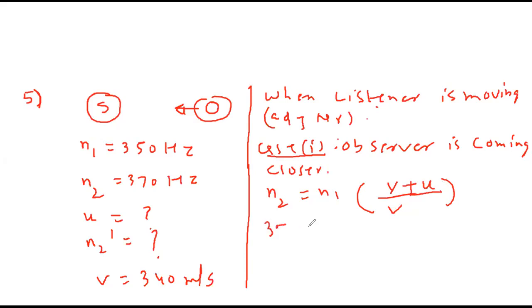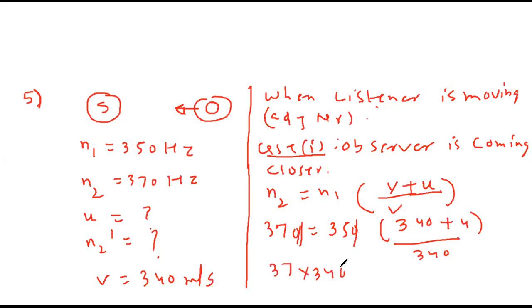N2 is 370, N1 is 350, speed of sound 340, u I don't know. We can cancel 10 from both sides. So 37 into 340 equals 35 into 340 plus 35u.